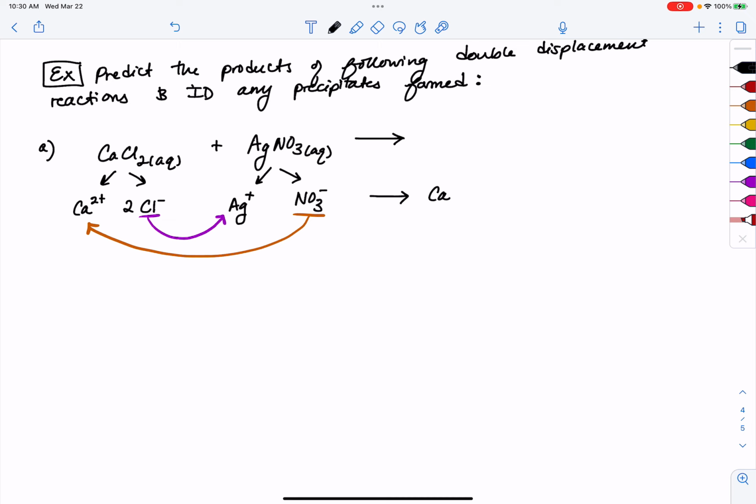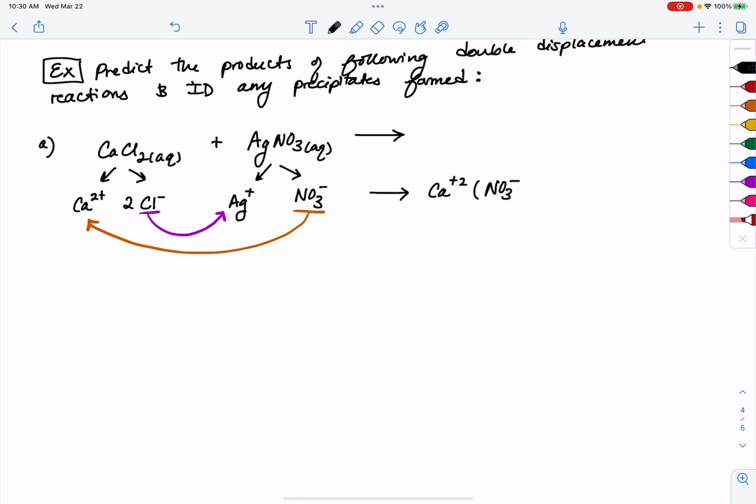So calcium, as we know, has a +2 charge, and nitrate has a -1 charge. So I need 2 nitrates in order to form a compound with calcium that is overall charge neutral. So I write this as Ca(NO3)2.